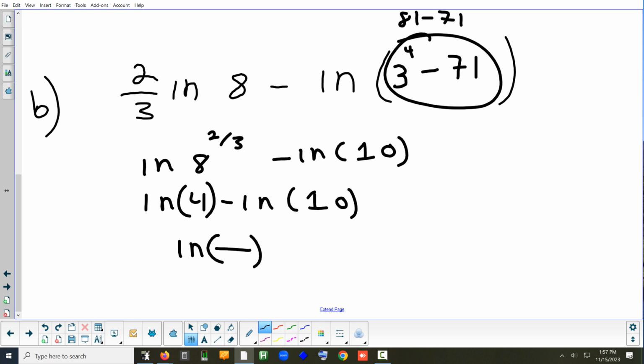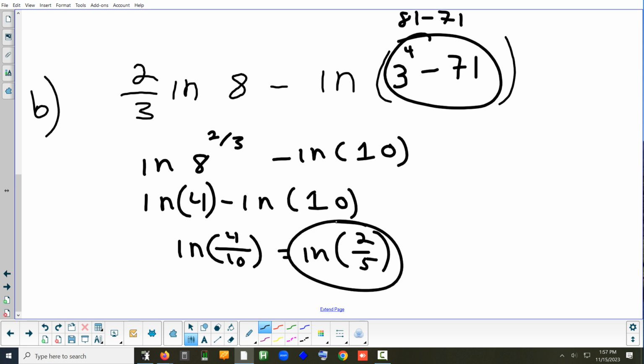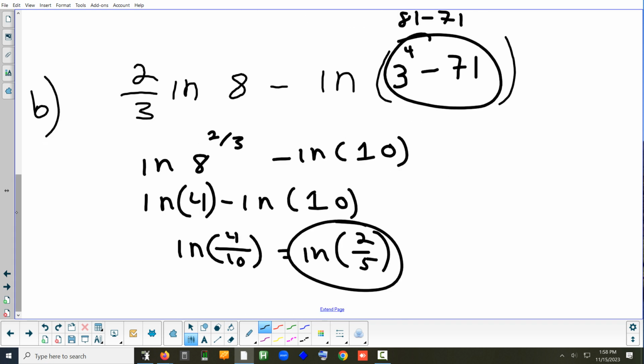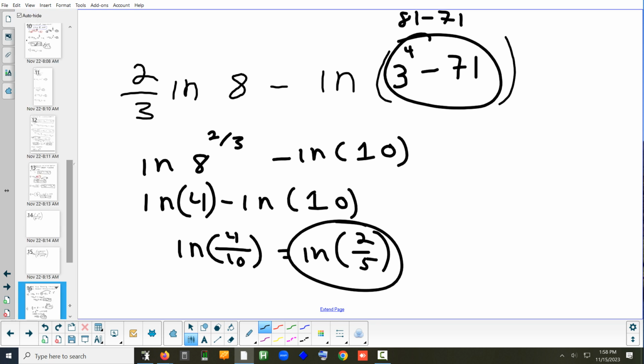What goes in the top? 4. In the bottom? 10. And 4/10 is the same as 2/5. So the natural log of 2/5. Okay. Any question on that?